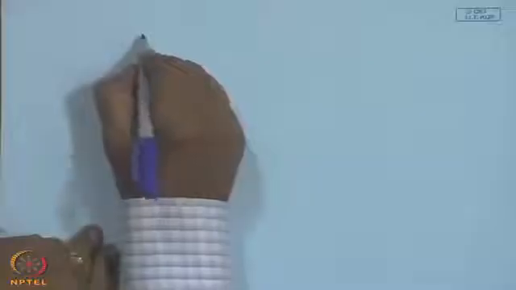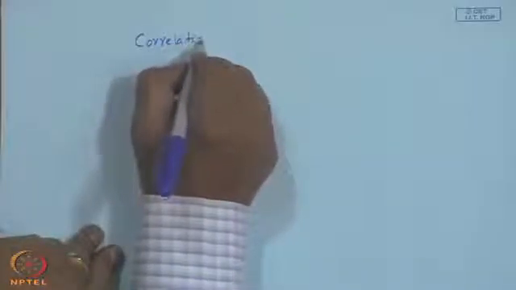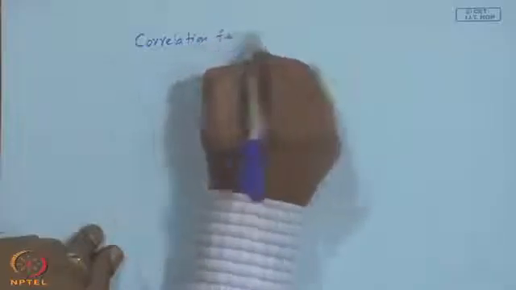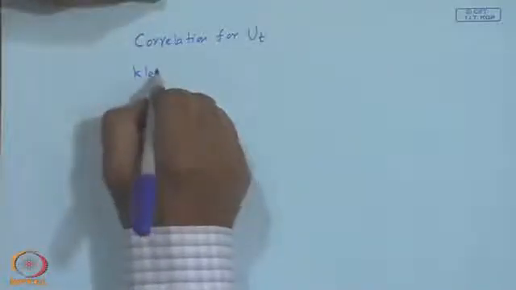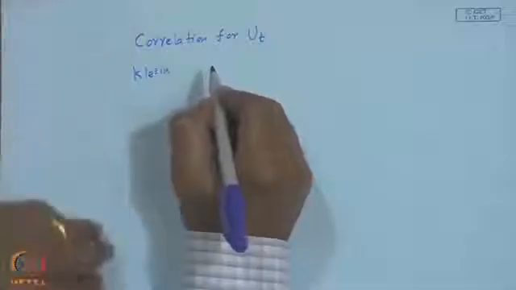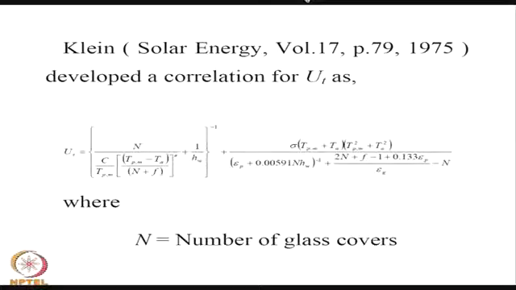a correlation for U T has been developed, and this is by Klein once again from University of Wisconsin Madison. And so, the iterative procedure may be called cumbersome, and particularly the heat transfer coefficients involved are free convective heat transfer coefficients, they also depend on the temperature.